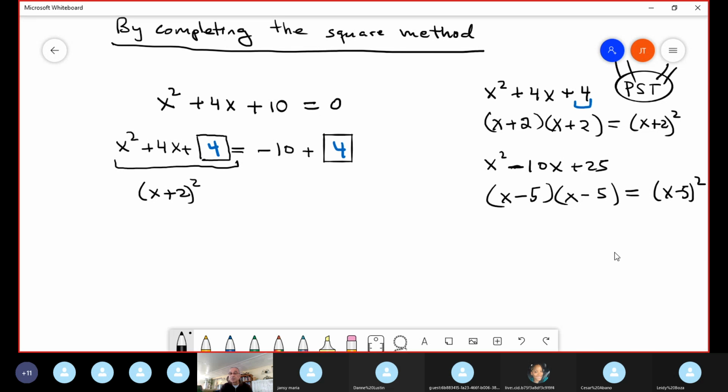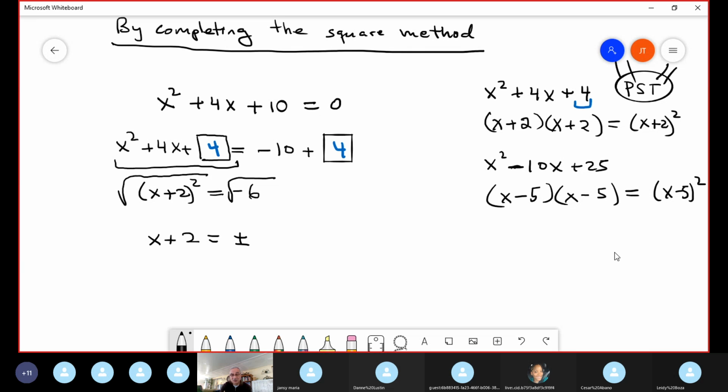In the right-hand side, we have minus 6. We are ready now to apply the square root method. You apply the square root to both sides. X plus 2, without the square, is equal to plus and minus. Please don't forget plus and minus.